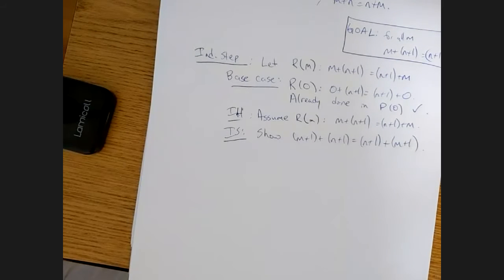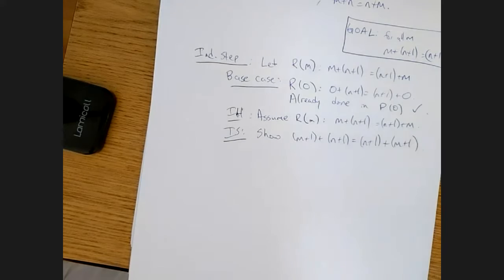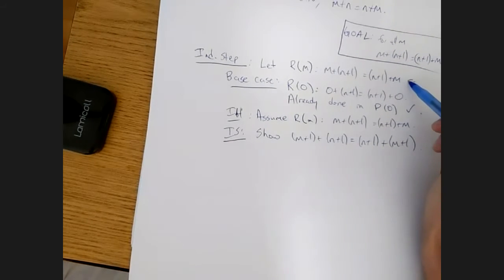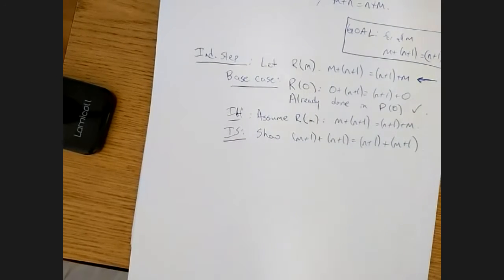If we do this, then that finishes off the proof that R of m plus 1 holds. By induction, we have shown that R of m holds for all m, and that shows this induction step, which shows P of n plus 1. Then by induction, we conclude P of n for all n, and that's what we want.